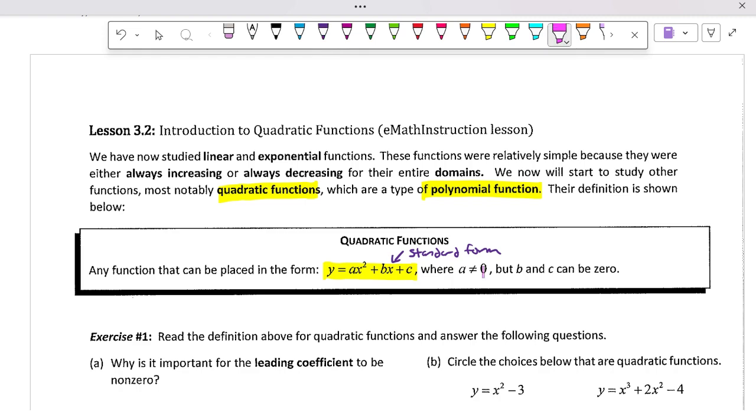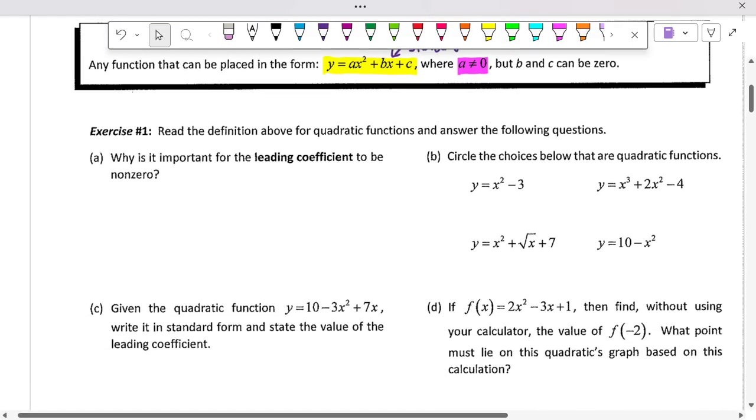Now, something important to note is that your a value, so the coefficient, cannot be 0. So the leading coefficient cannot be 0, but b and c can. It doesn't matter if b and c are 0. The a value is the only thing that can't be 0. All right. Now, let's look at exercise 1.